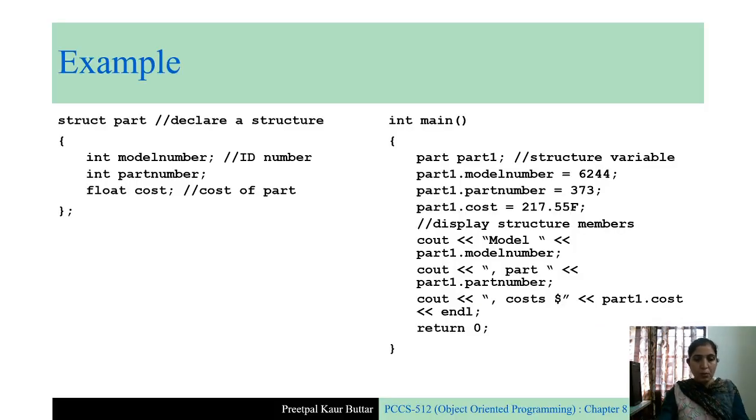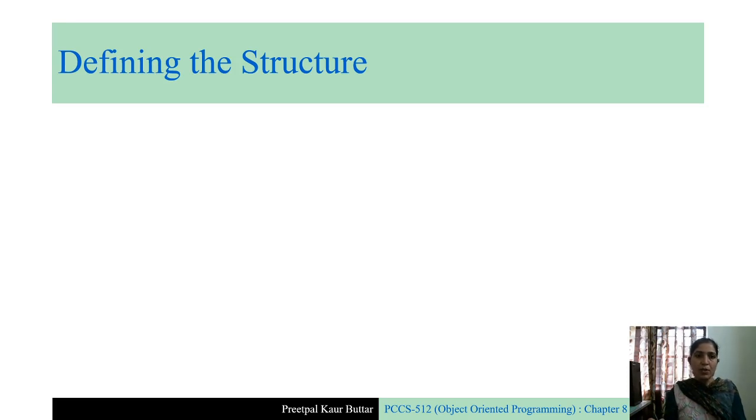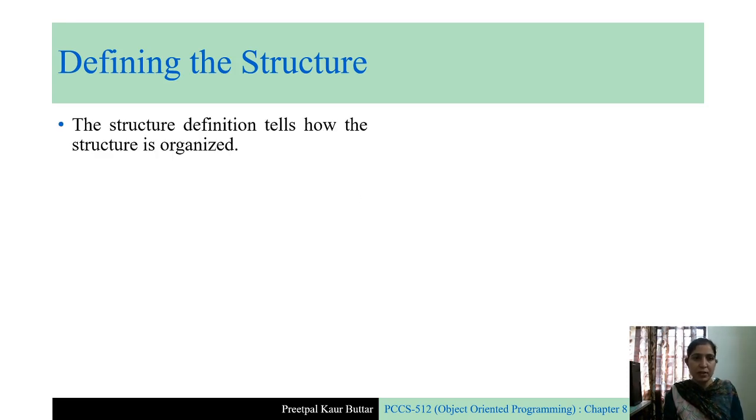Moving forward. These slides recap the concepts which we learned in the previous example, that is, how to define a structure. The structure definition tells us how the structure is organized and what members are there in the structure.